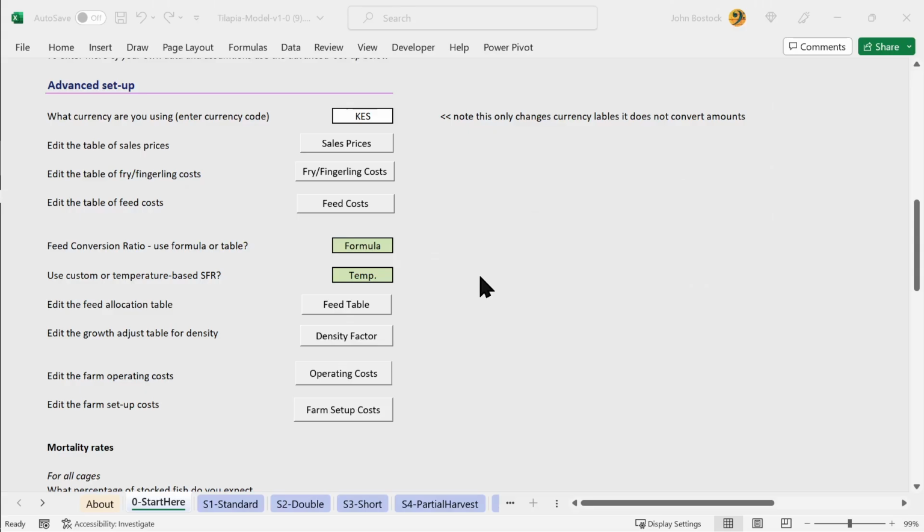In order to accommodate this, the spreadsheet gives you the option of either using a formula to predict the FCR at different fish sizes, or you can enter FCR values directly into a lookup table. The choice between using a formula or specifying values directly in a table is selected on the 0-Start Here sheet using a drop-down selector.